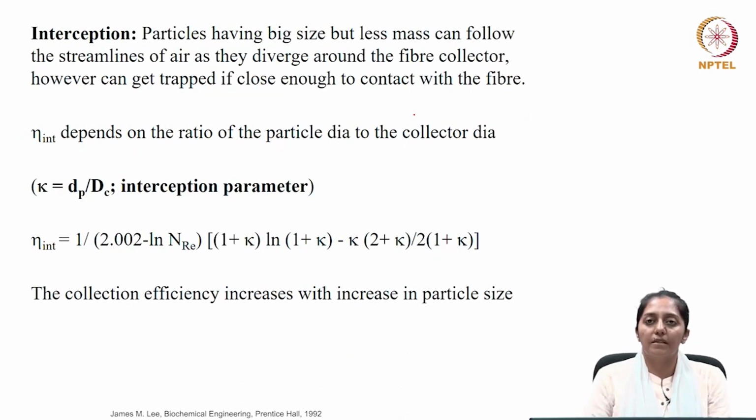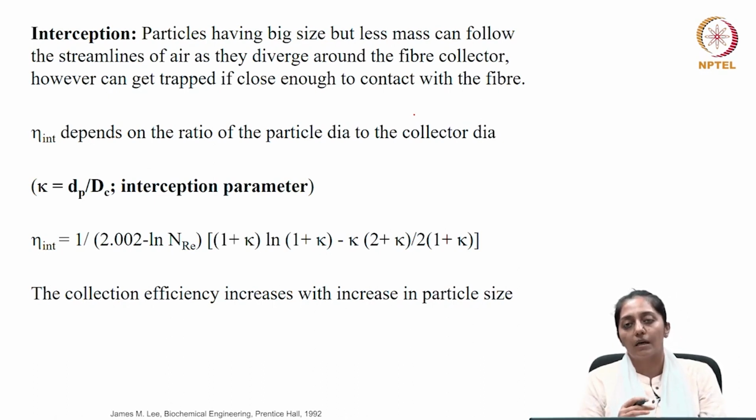Similarly, if the particle is getting trapped by the interception process, what does that mean? It means that the particles having big size but less mass will follow the streamline of air as they diverge around the fiber collector. However, they can get trapped if they are close enough to contact with the fiber.